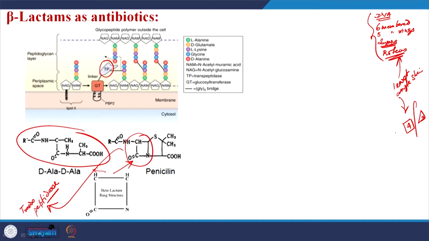Because of ring strain, they are very reactive. So, when they sit down at the active site of the transpeptidase, they react and ring breakage happens.